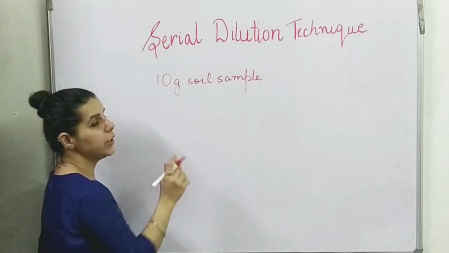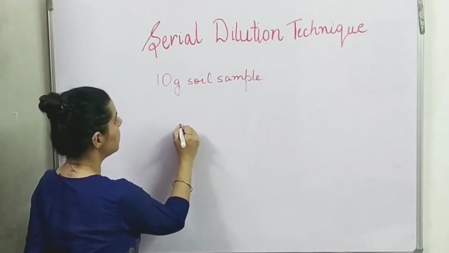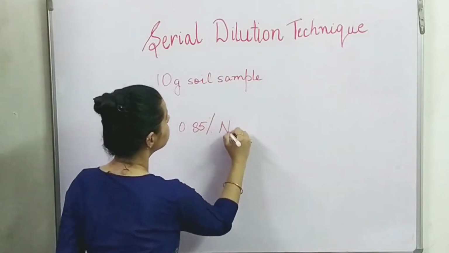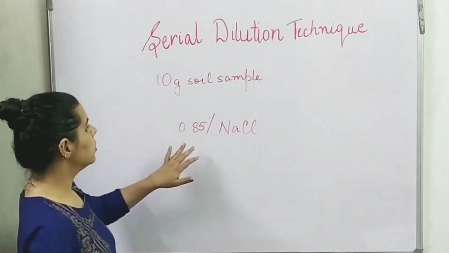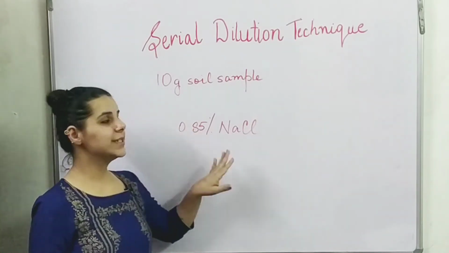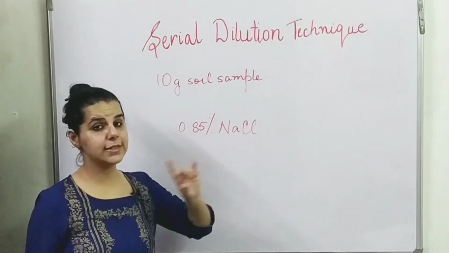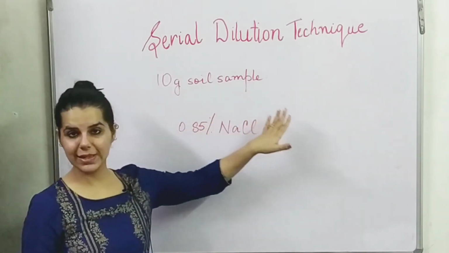Then I am going to take the diluent, that is 0.85% sodium chloride solution, that is saline solution. ठीक है ना? So this is known as saline solution, that is 0.85% NaCl. This is our diluent in which we will mix 10 gram of soil sample.